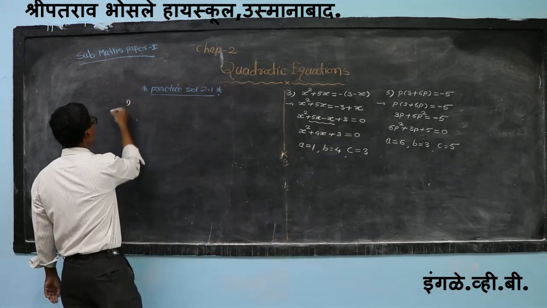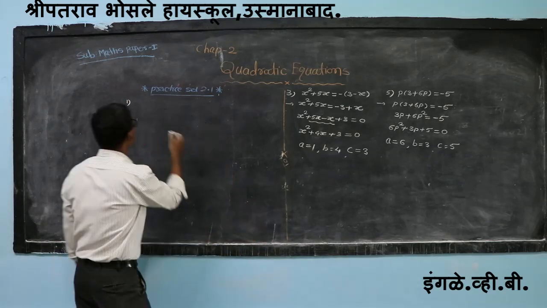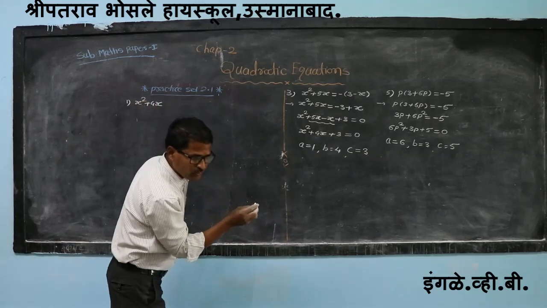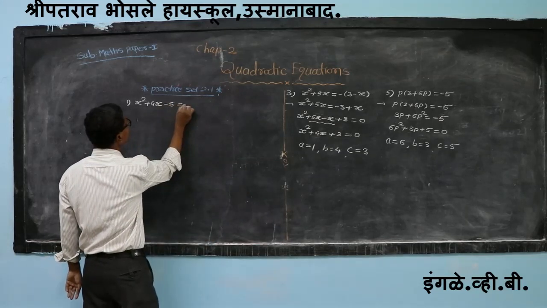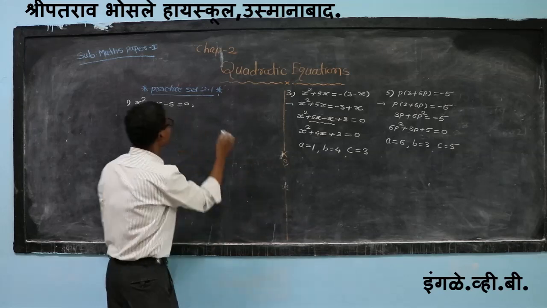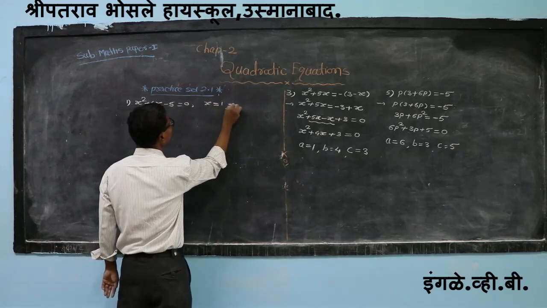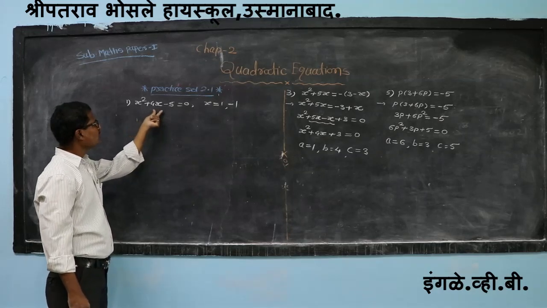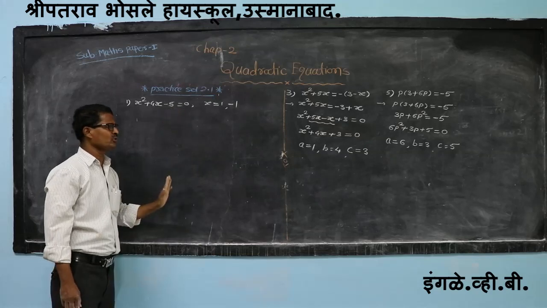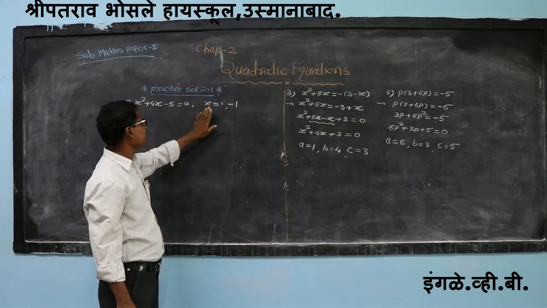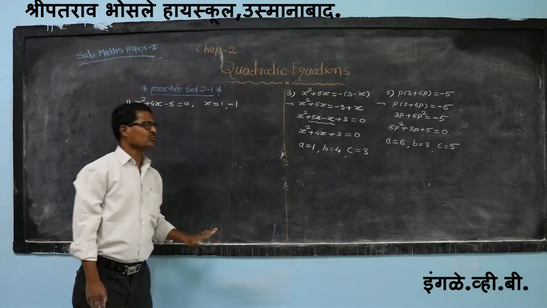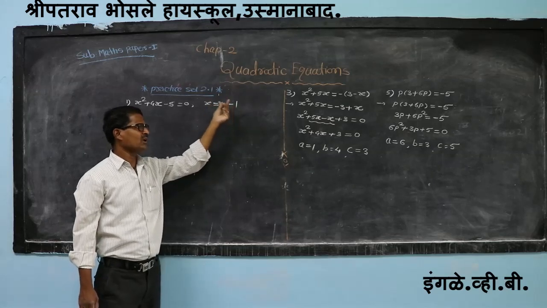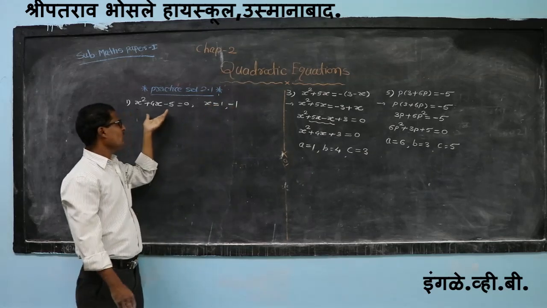Number 1, x square plus 4x minus 5 is equal to 0. x is equal to 1, comma minus 1. Here we have the quadratic equation x square plus 4x minus 5 is equal to 0 and we have the values of the variable x, 1 and minus 1. Here we have to decide whether x is equal to 1 and x is equal to minus 1 are the roots or solutions of the given quadratic equation.